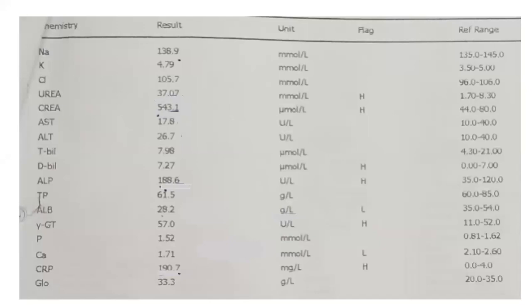From there, this will give me a lot of information on how to go about it, in terms of what kind of foods to restrict. So maybe that's what I could say. But characteristically, these lab results were picked from a renal patient.